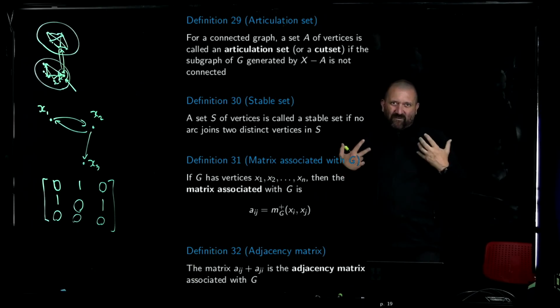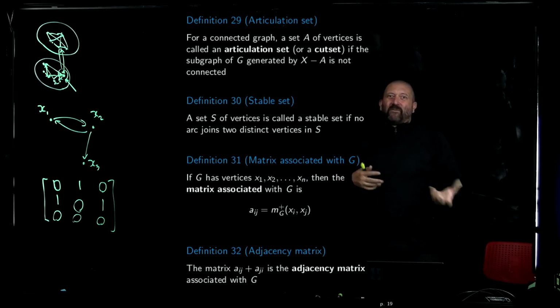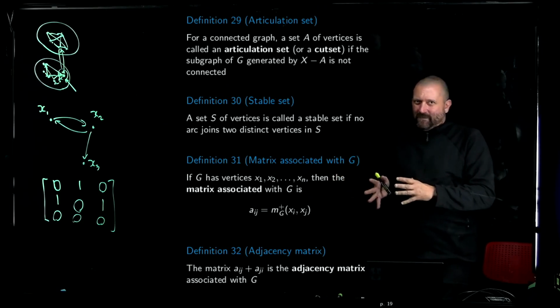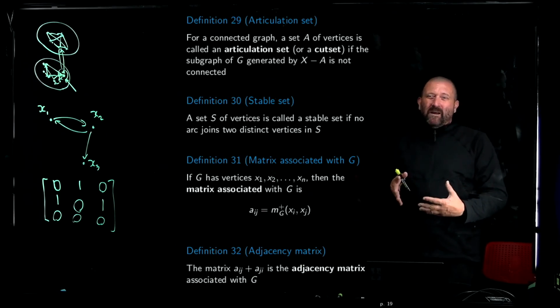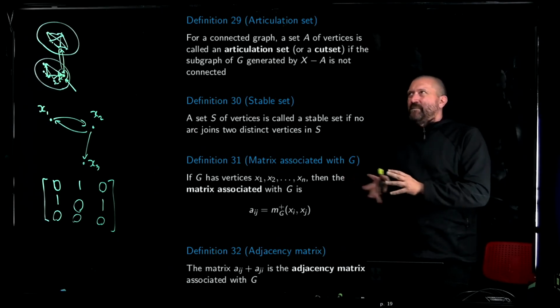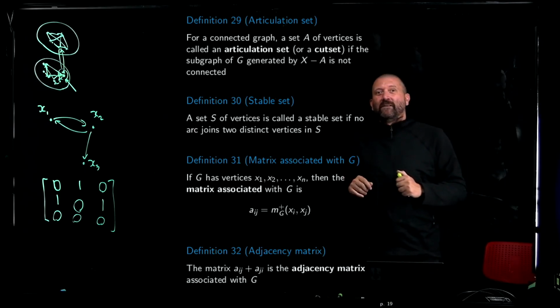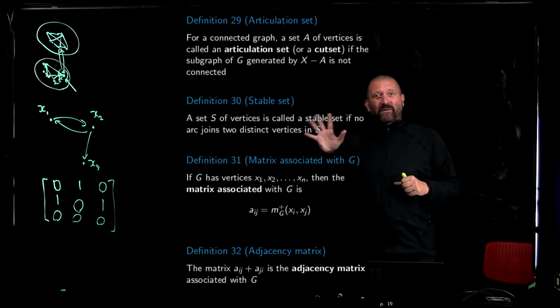But so there's a distinct link between linear algebra and graph theory because of that. Okay, that matrix is really going to be useful, and you'll see that when we're talking about connectivity, this will be very, very useful.